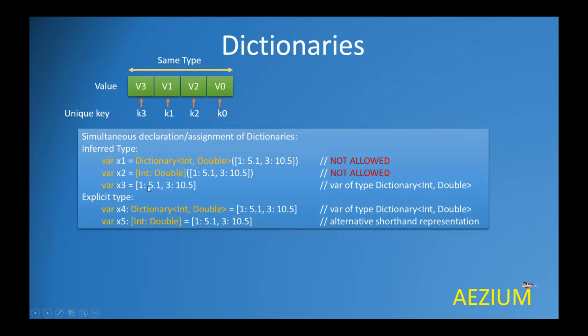So from there it fully understands that the type of x3 is a dictionary whose key is of type integer, and the value of its key value pair is of type double.